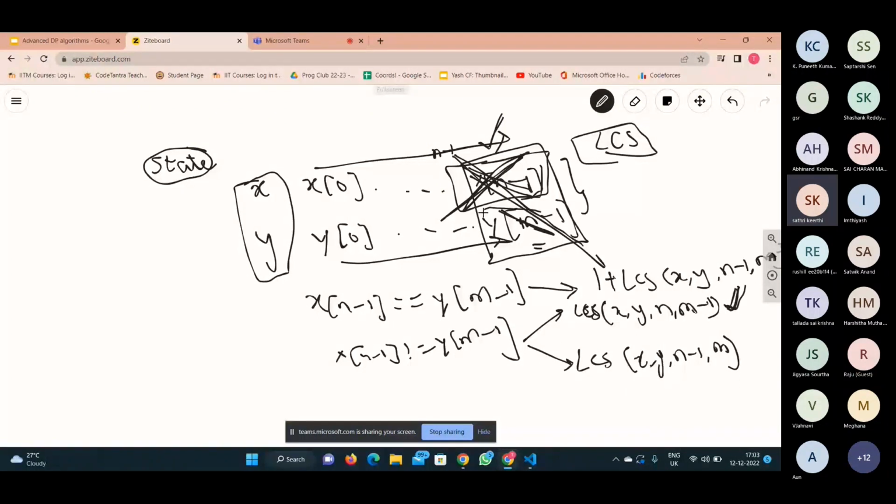Similarly, otherwise, so we can just remove the last characters and find the LCS. Since the LCS is the maximum value of these two, we find the maximum of LCS of x, y, n comma m minus 1, and LCS of x, y, n minus 1 comma m.